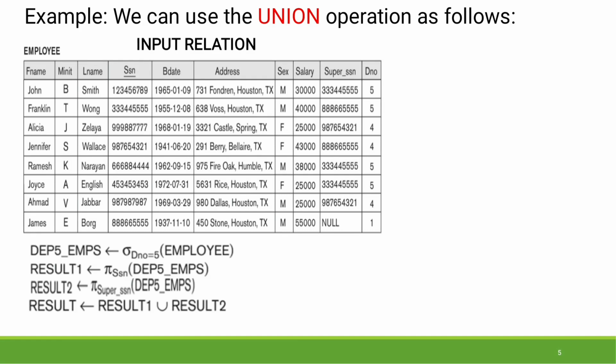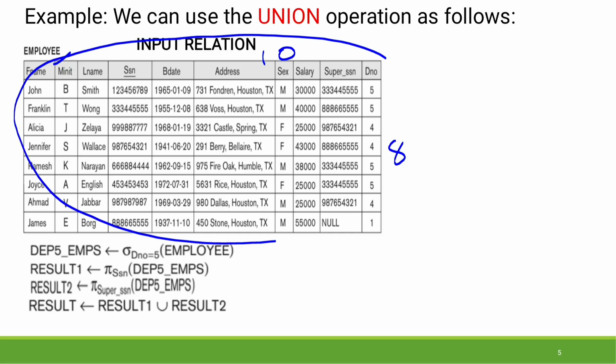Okay. Next we shall see an example which shows the application of one of the operations from set theory, that is union operation. So in this example what is done is, the employee relation is taken. There are 10 columns and 8 rows.